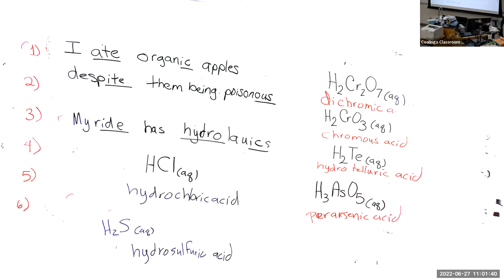In what case would they be like hydro? It'll never happen like this, right? You'll never see it. But if it didn't have any oxygen here, then it would be chromic acid, hydrochromic.